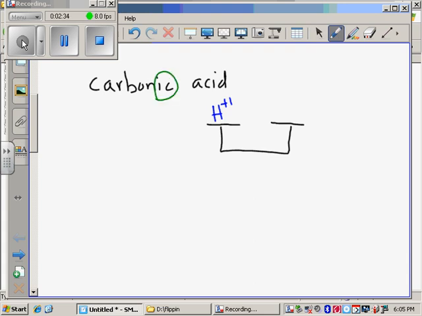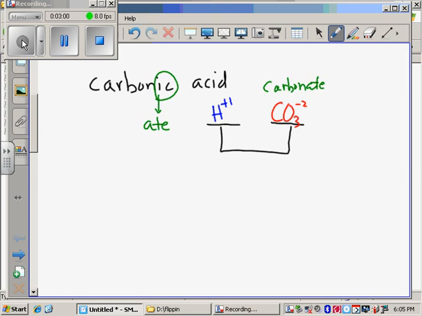This again is an ic, so that means it must have come from an ate ending. So this was indeed the carbonate ion at one point in time. If you look on your sheet, the carbonate ion has a formula of CO3 and a charge of -2.